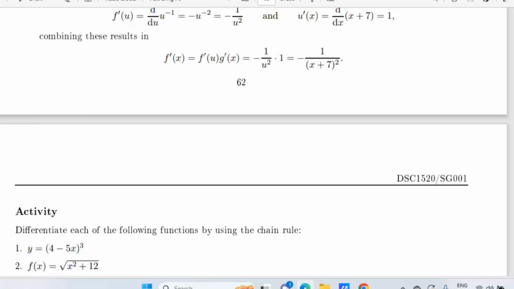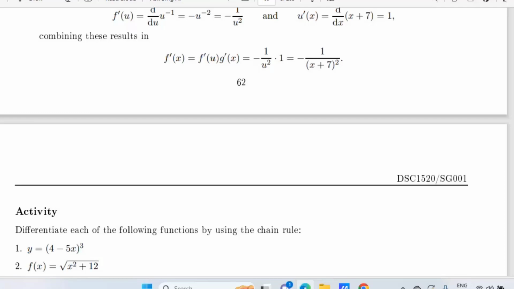And then f prime of x is going to be equal to half multiplied by u to the power negative half multiplied by 2x.